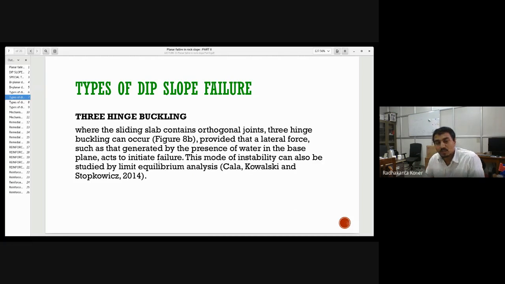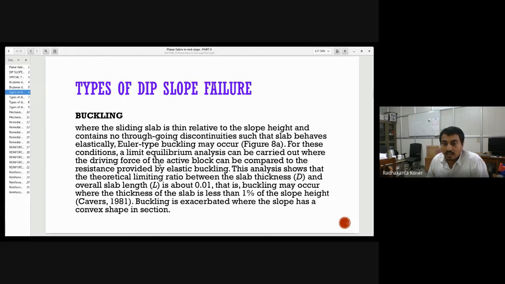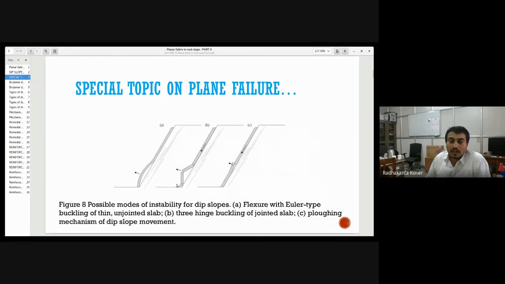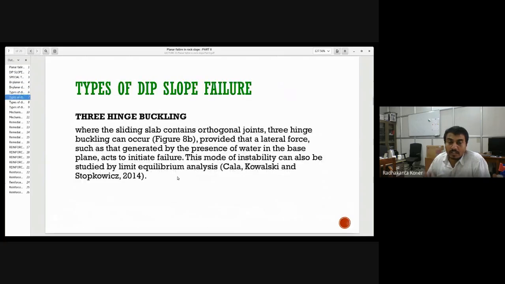Here buckling can occur that will provide a lateral force, generated by the water pressure present in the slope. This instability can also be studied using the limit equilibrium method that we have already developed.